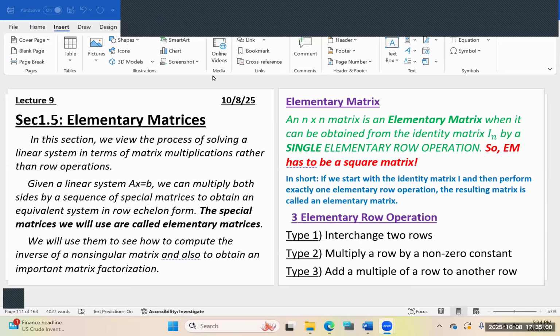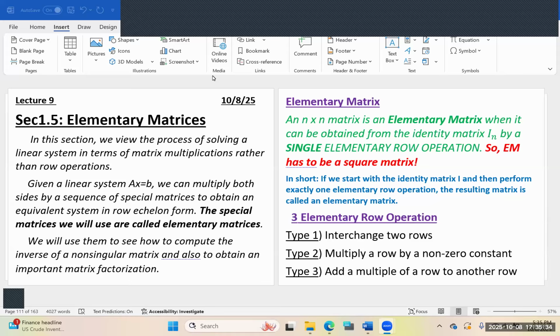So, elementary matrices, section 1.5. Last time we saw that we did reduced row echelon form to solve matrices, but now we don't have to do reduced row echelon form. There's also another method by which we can solve for matrices, and that method is called using elementary matrices.